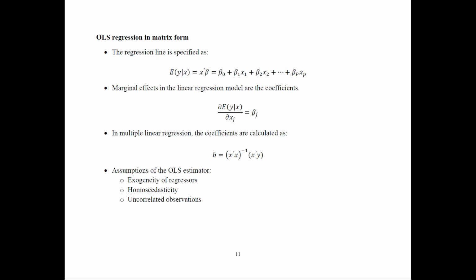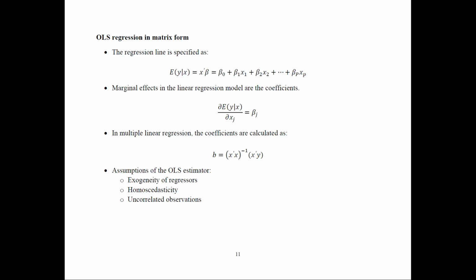I will just briefly talk about the assumptions of the OLS estimator. First, we are assuming that there is exogeneity of regressors, because if that's not the case, then we would have biased coefficients, and that's not good, and we would need to use one of the instrumental variable approaches that I have a video on.